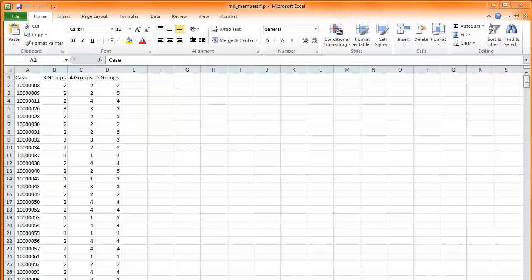It's a comma delimited file, a CSV file, and we can open it in Excel, and what it shows us here is how each respondent gets assigned to a segment under each of the 3 solutions. So for instance, respondent number 28 gets assigned to segment number 2 in the 3-group solution, to segment number 2 in the 4-group solution, and to segment number 5 in the 5-group solution.